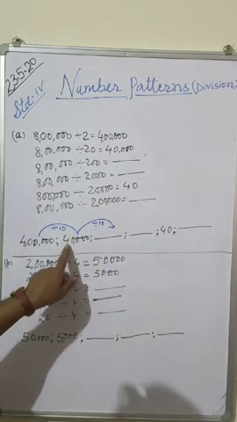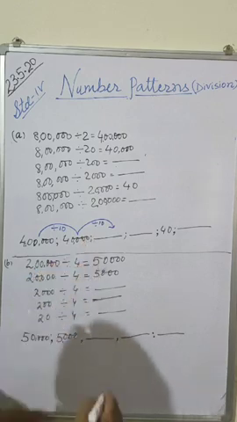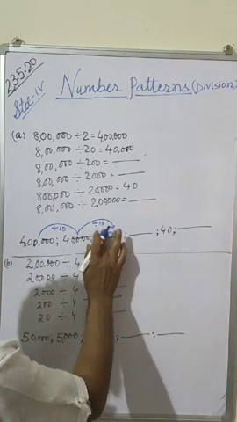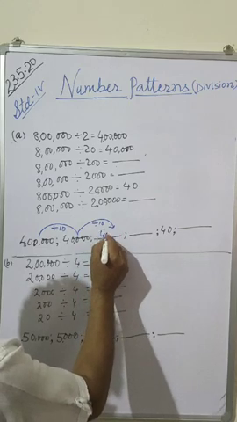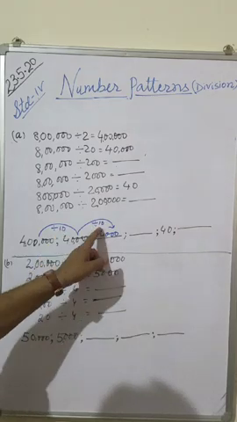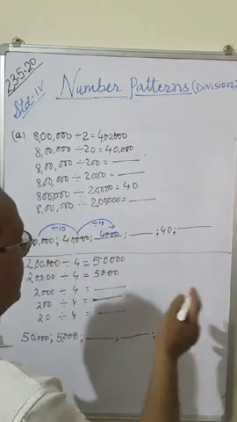Now if you divide 40,000 by 10, only you have to hide one digit. So this will be 4,000. Now same pattern you have to repeat again and again till the end.